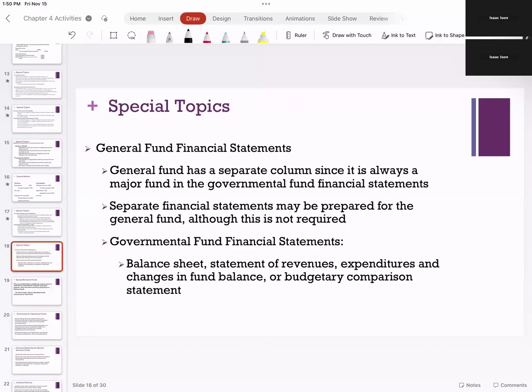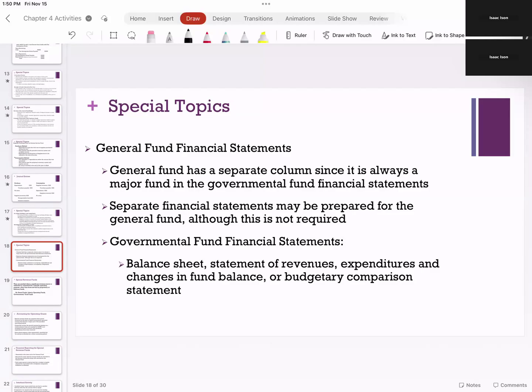Well, we can look at this real quick. So we're going to have a separate column for our general fund. Most of the time, you could have separate financial statements for the general fund or other funds, but it's not required. And then governmental fund financial statements. This is important.